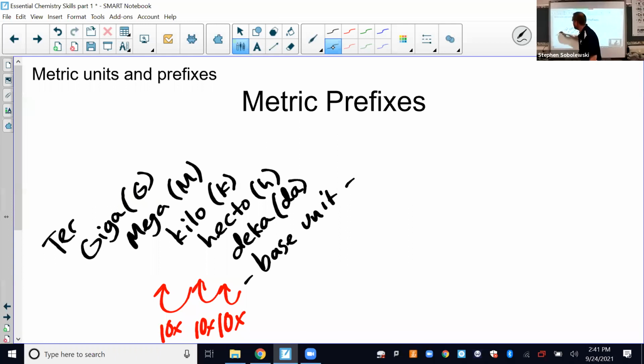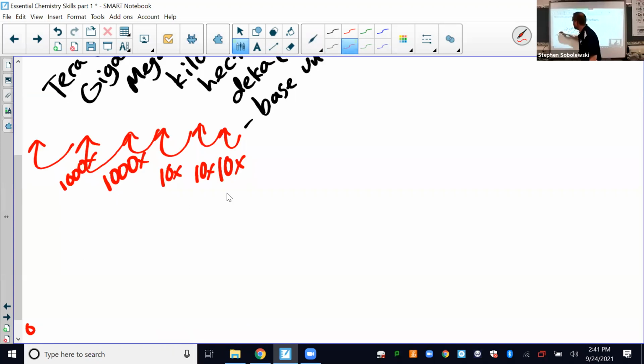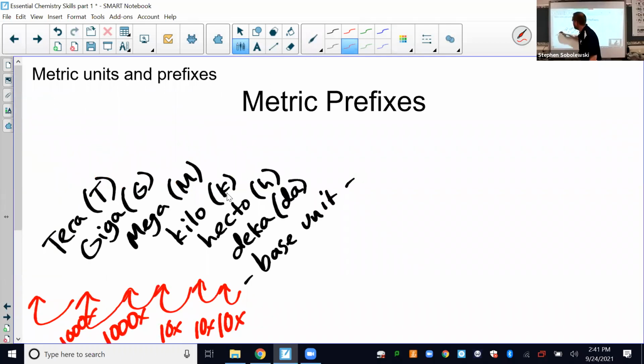There are plenty of other ones. If you're tech savvy, you probably know about kilobytes, terabytes. Each is 1,000 times bigger than the last. Okay. So again, these are several of the prefixes, some of them a lot less common than others.